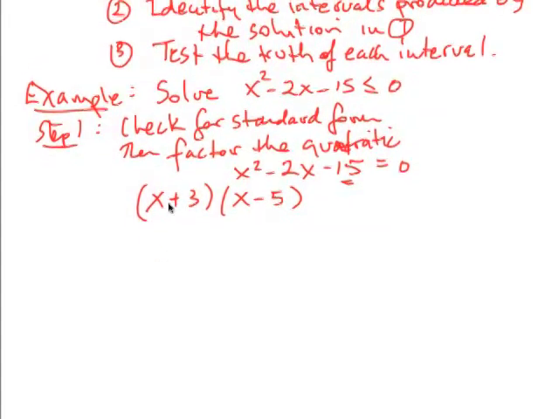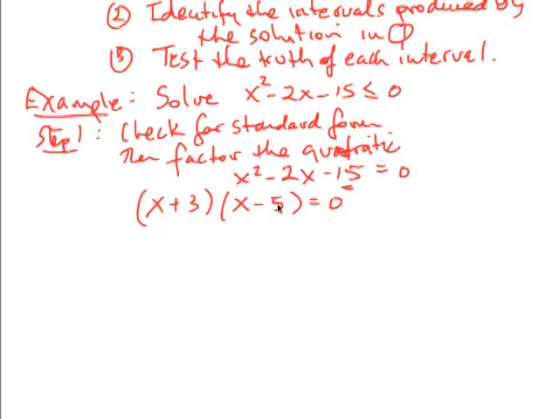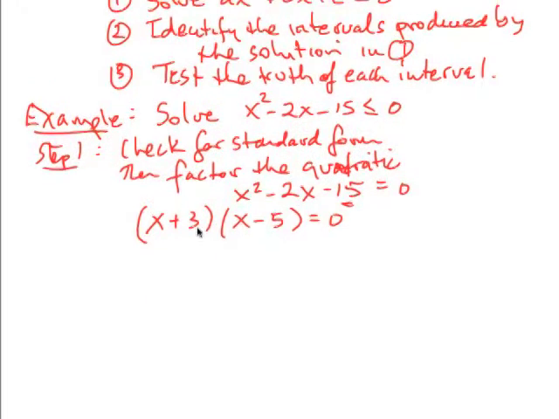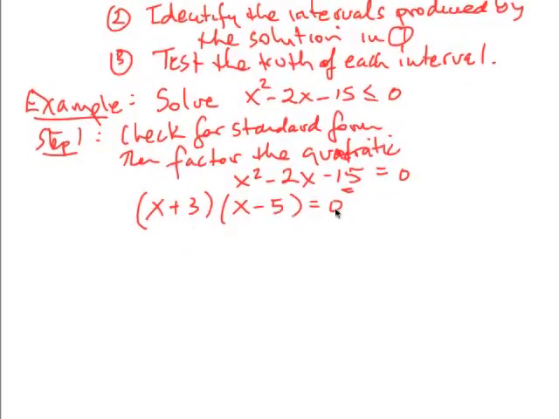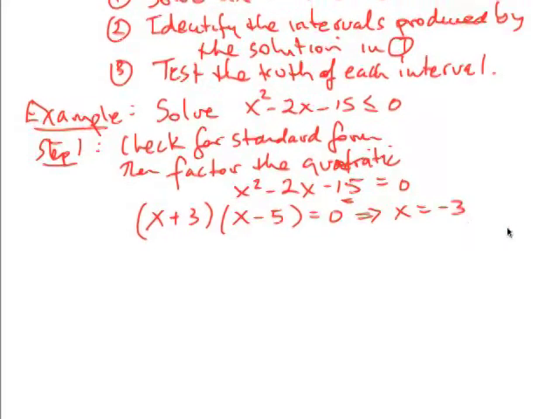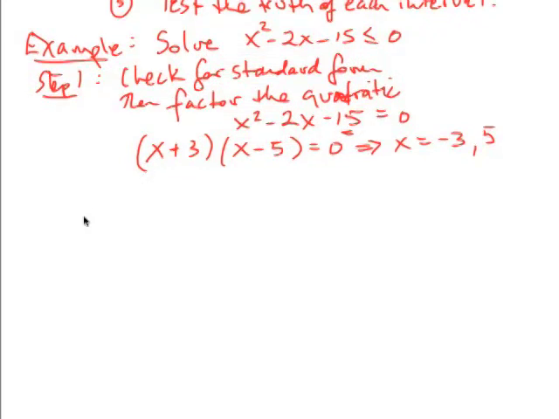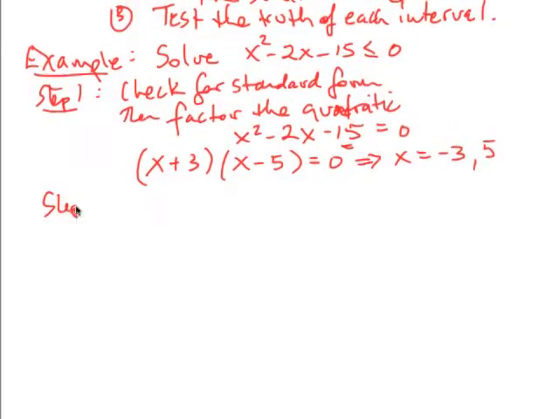So let's check it by foiling it. It would be x squared minus 5x plus 3x is negative 2x. 3 by negative 5 is negative 15. So this implies that x is equal to negative 3 and 5. Alright, so we've solved that.